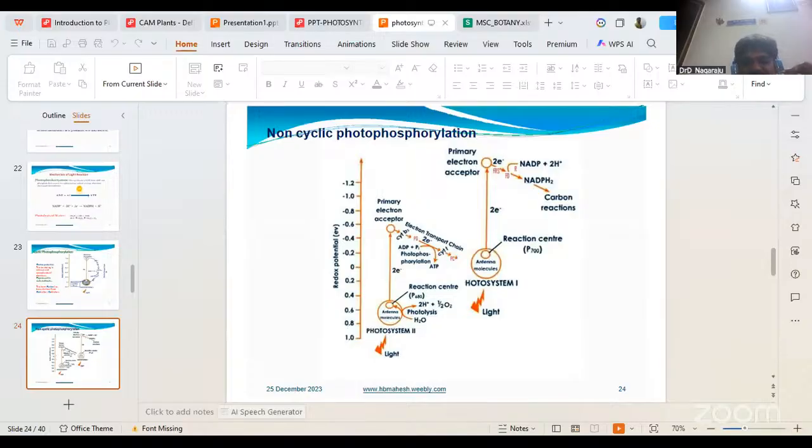Whatever the first electron, it starts from PS2, from the light harvesting complex, and with that light energy, it splits the water molecule.